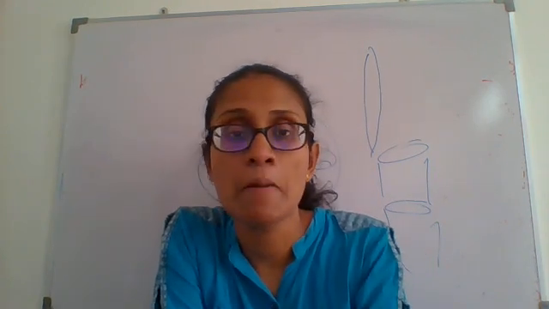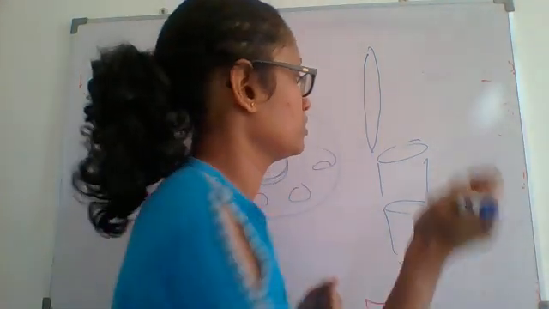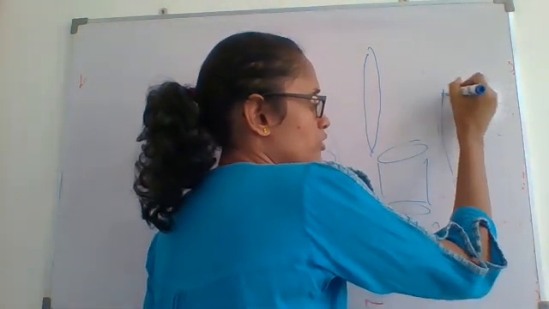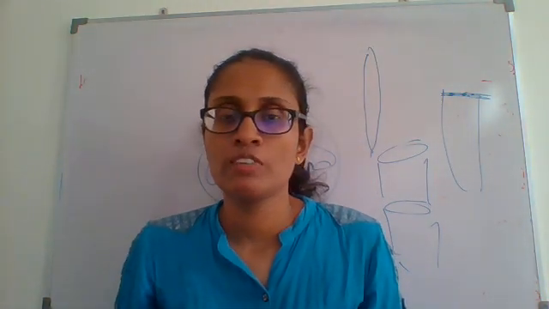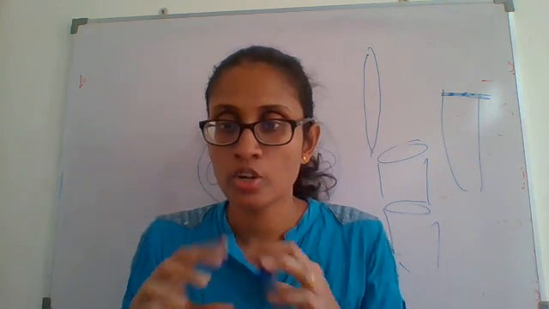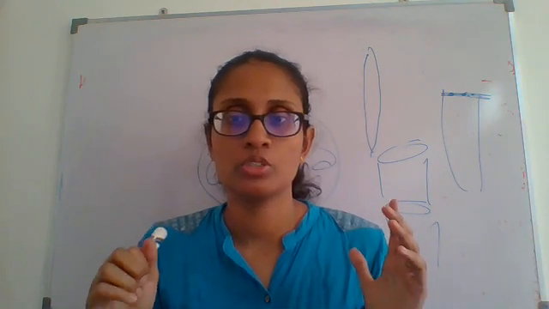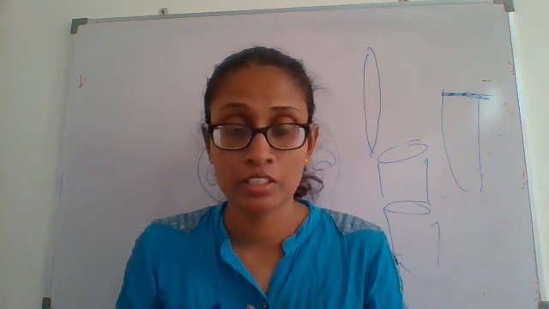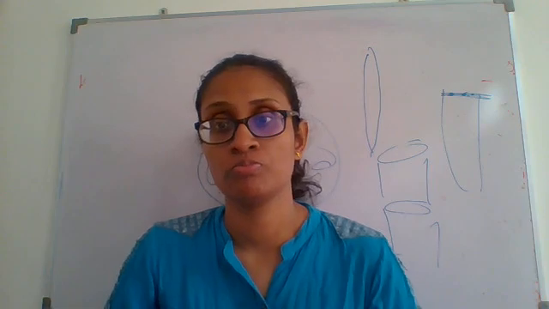The sieve tube elements fuse end to end, and the cross walls are incompletely dissolved to form a sieve tube, right?